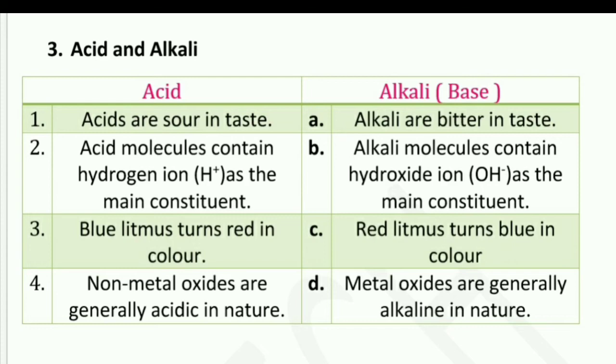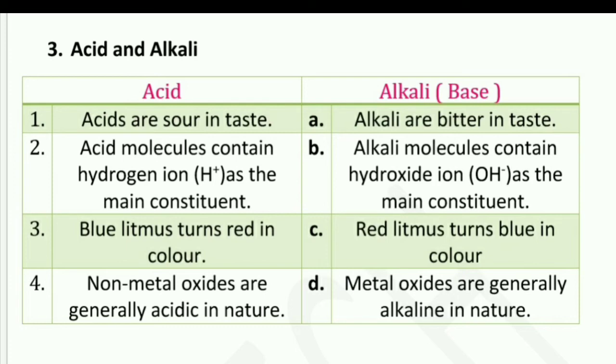The third one is acid and alkali. So, let's see the difference between these two. First point, in acid, acids are sour in taste. Alkali or bases are bitter in taste.